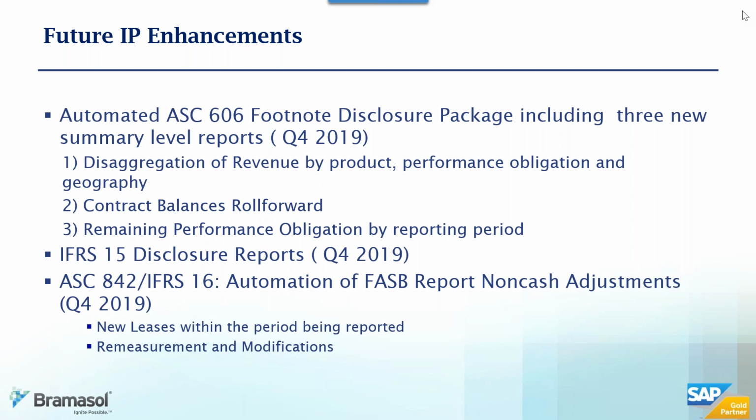So these reports, as is our practice, will all be available in ABAP, that's for maximum backwards compatibility. We know that a lot of our customers are still on ECC, and they are also available in BW and are certified to work in a S/4HANA environment as well.